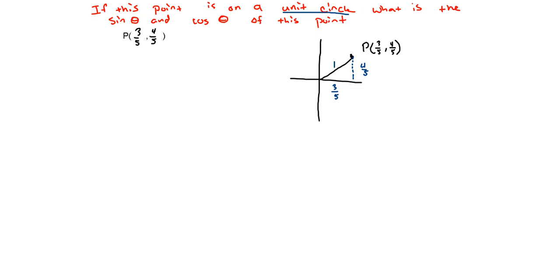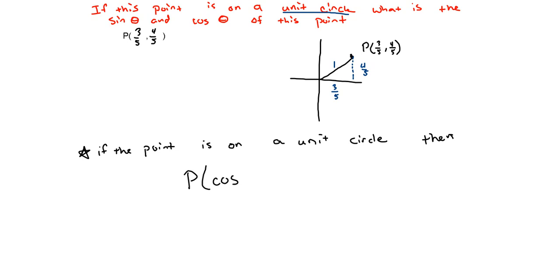Alright, so here is my shortcut for this, and you might want to make a note of it. If the point is on a unit circle, then for the point, the cosine is just the x value, and the sine is just the y value.